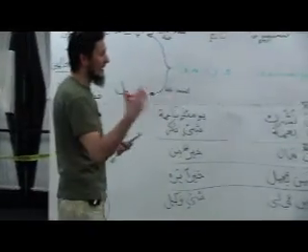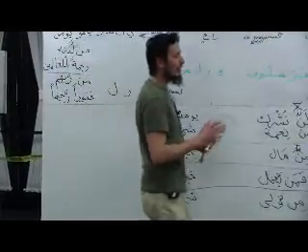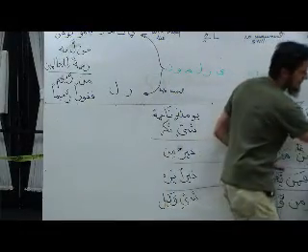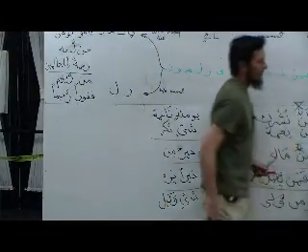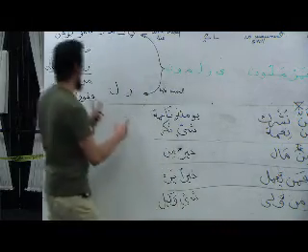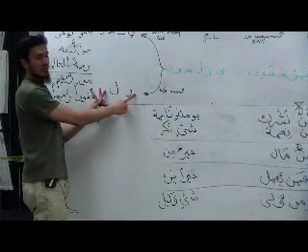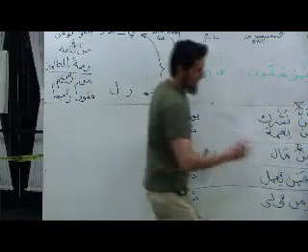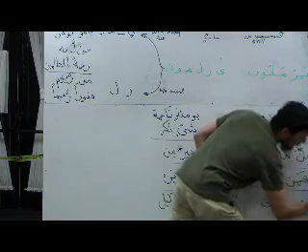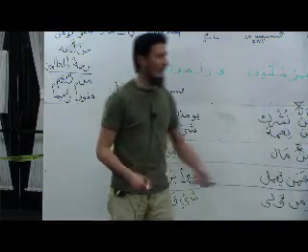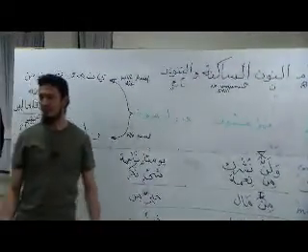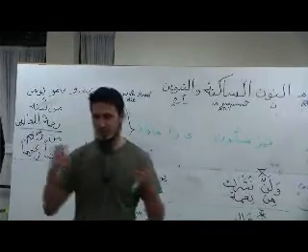Again, I repeat: this is complete, also called without ghunna. This is called incomplete, also known as with ghunna. Sure, but I'm just giving you what the majority of the scholars say.